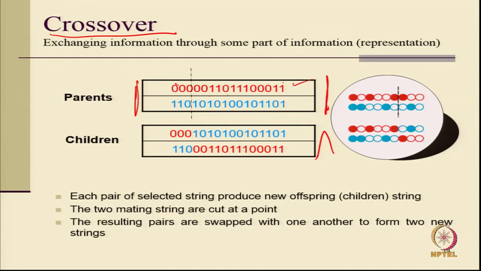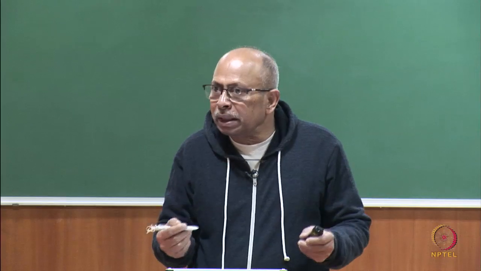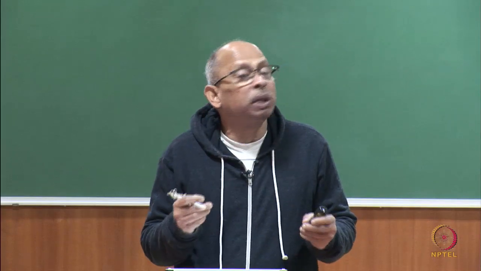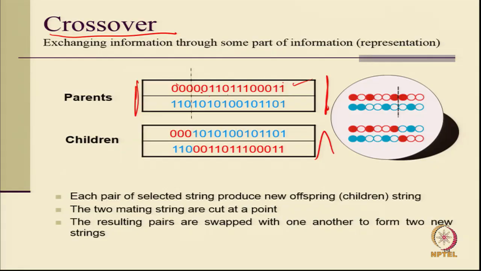If it is 7 to 12, it will be the next one, and so on. So, supposing the random number is somewhere between 18 and 24, then this is the position which I have selected for crossover.